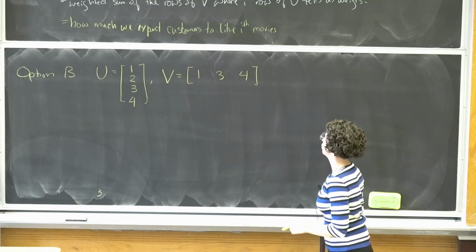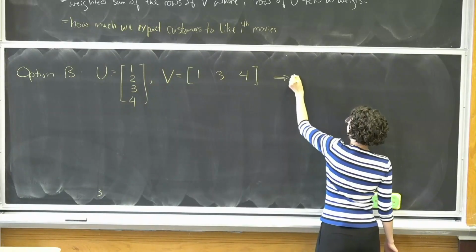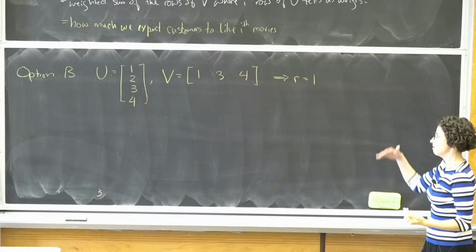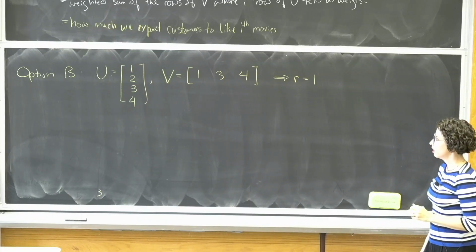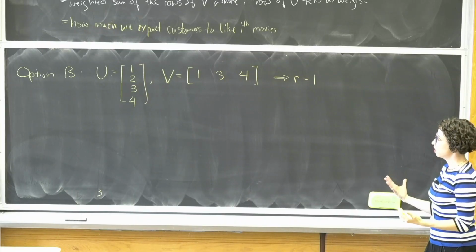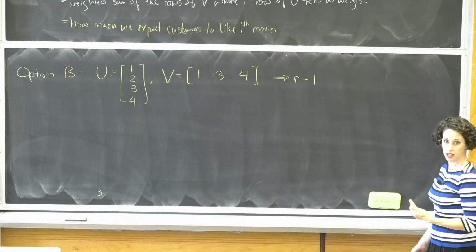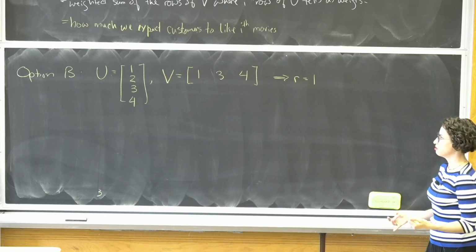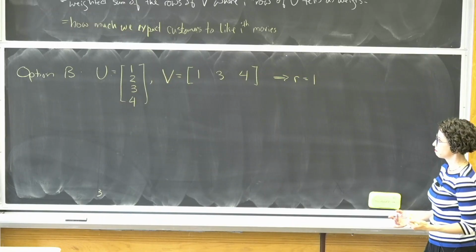This would correspond to R equals 1. I've got a U that only has 1 column, and V only has 1 row. But if I compute this outer product now, I'm going to get exactly X, if I just use exactly the outer product formula that I introduced towards the beginning of class.